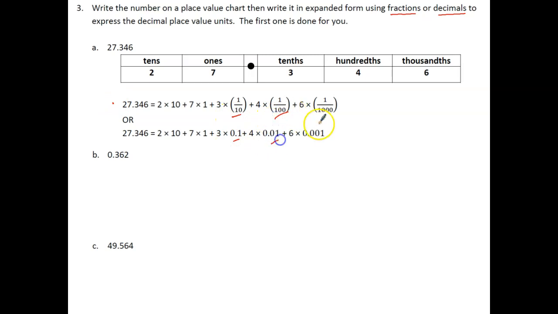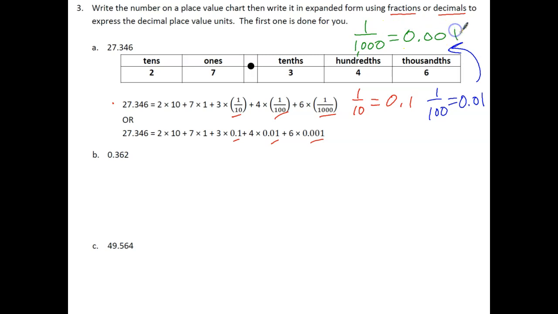If you notice, there's my equivalent fraction to decimal. So 1/10 is equal to 1 in the tenths place. 1/100 is equal to 1 in the hundredths place. I'll write thousandths up here. 1/1,000 is equal to 1 in the thousandths place.